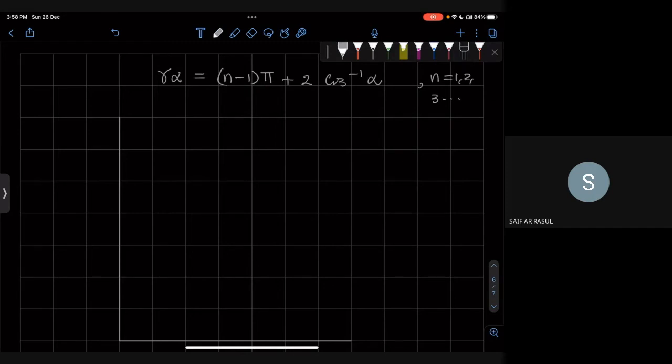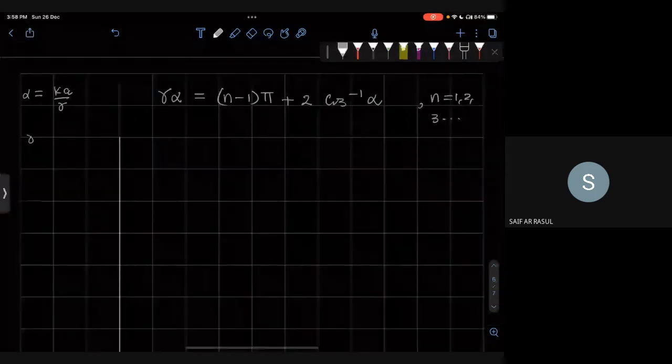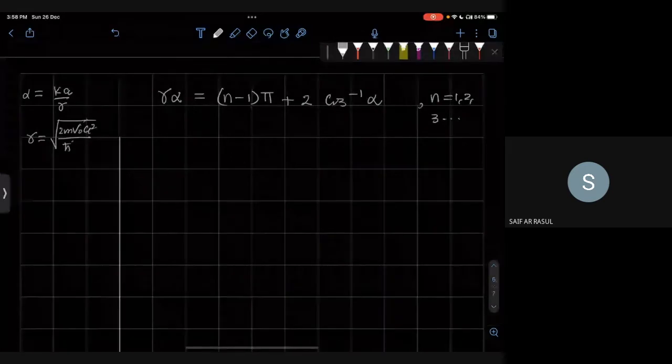Alpha is given by ka by gamma, where gamma is the square root of the depth of the potential, so gamma a is the square root of 2m V0 a squared divided by h bar squared.